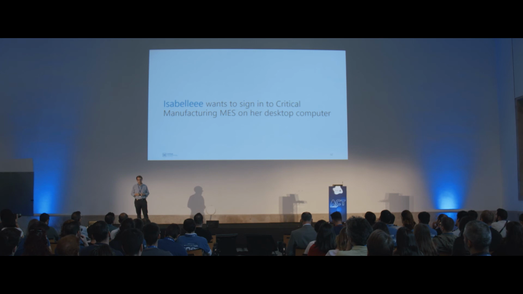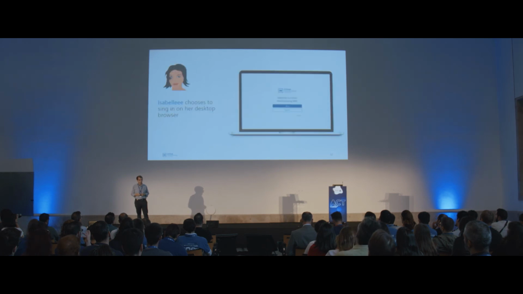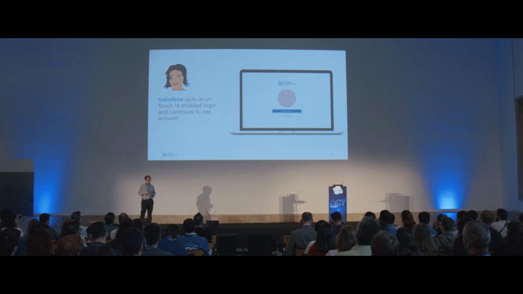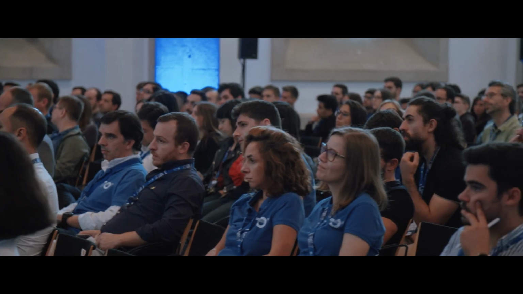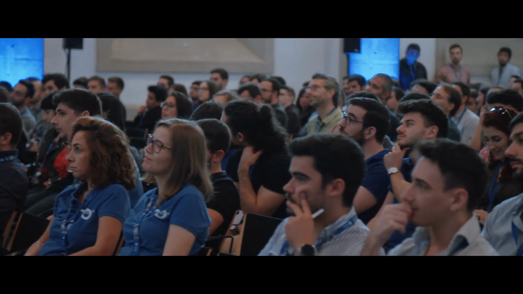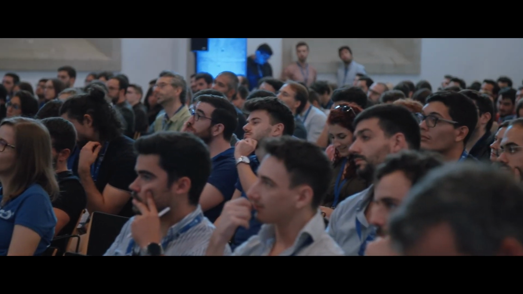If she wants to do this on her desktop, she can click on sign in. She will be prompted to enable a scan also, but because the device is not registered yet, remember, we don't store fingerprint information.